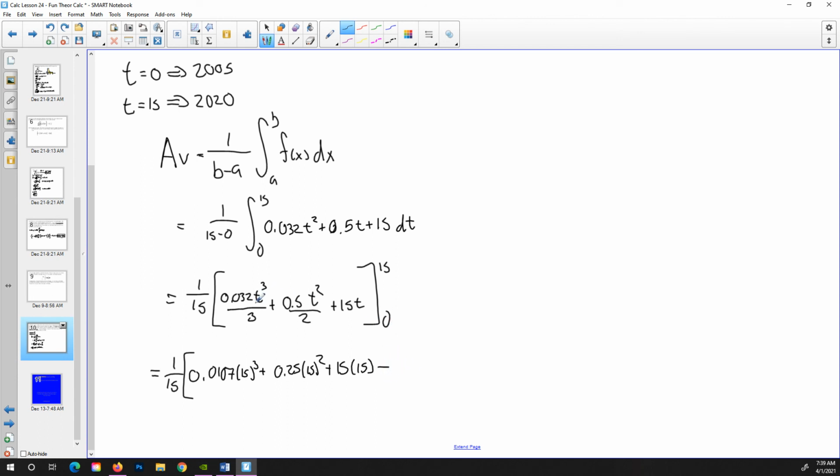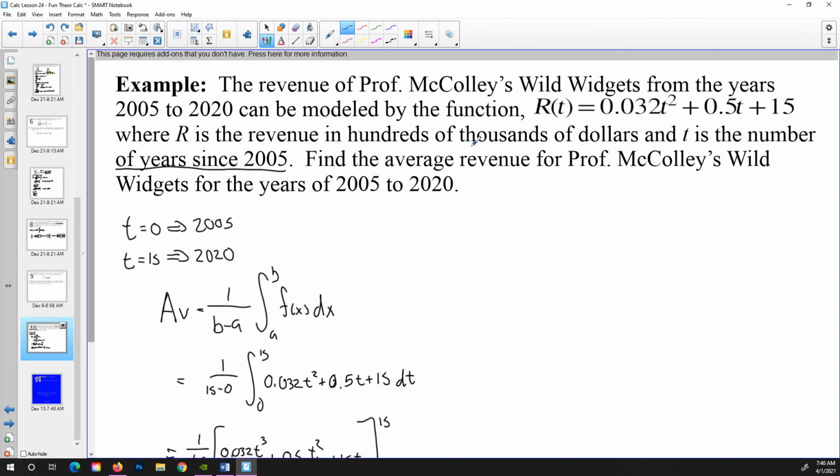Now, if I plug 0 into these 3 t's, I'll get 0 for the whole thing. And when I add that up, I get 21.1575. And remember, this is in hundreds of thousands of dollars.